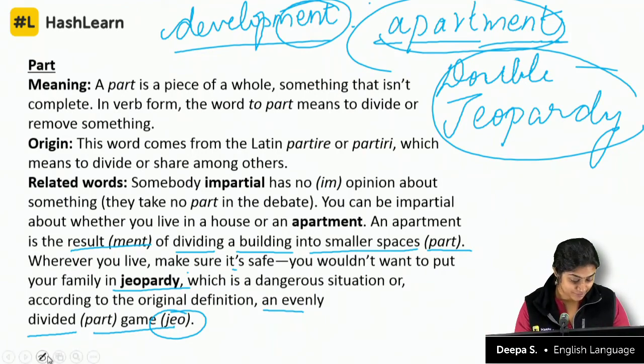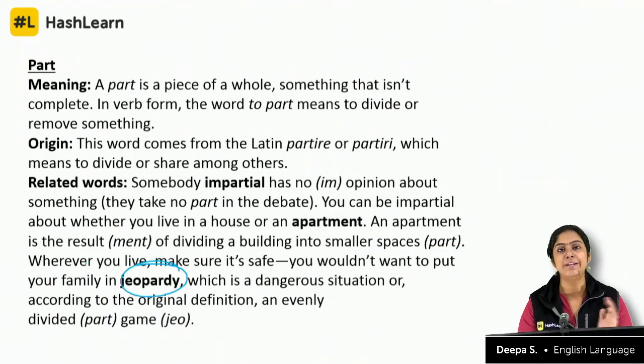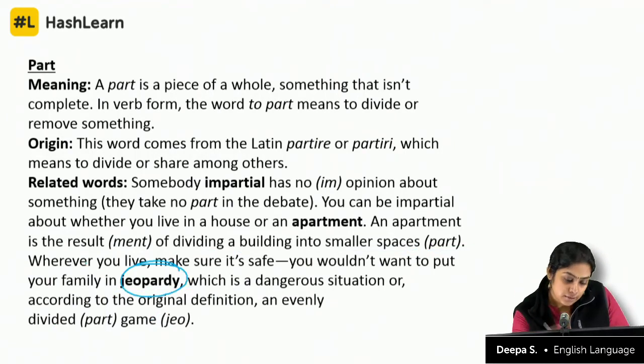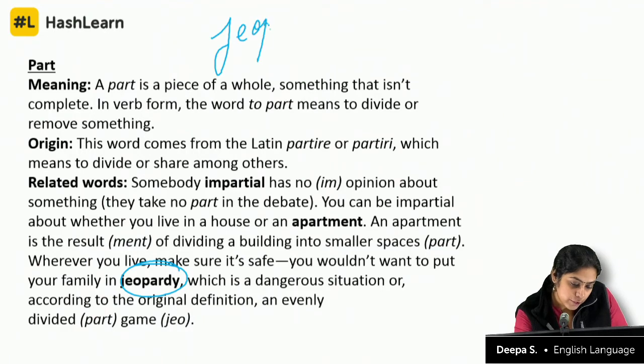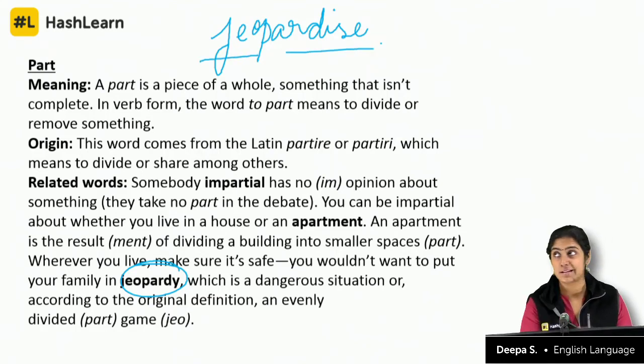Now, look at this. Jeopardy means dangerous situation. The verb form is jeopardize. You can also pronounce it jeopardize. It just depends on which part of the world you're from. So, jeopardy, then double jeopardy, then jeopardize.